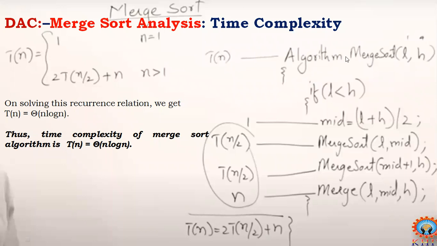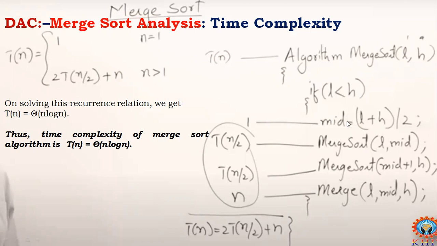So this is an algorithm, merge sort. The name of the algorithm is merge sort, and here we are passing two parameters. One is the array, and L is the first array index value, and H is the last array index value. If the first array index value is less than the last array index value, we need to calculate the mid value.